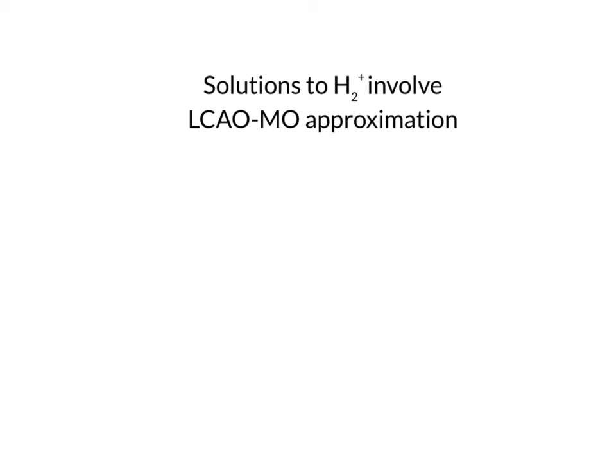The way we're going to find solutions to the hydrogen molecule ion problem is to use an approximation that we call the linear combination of atomic orbitals molecular orbital approximation.